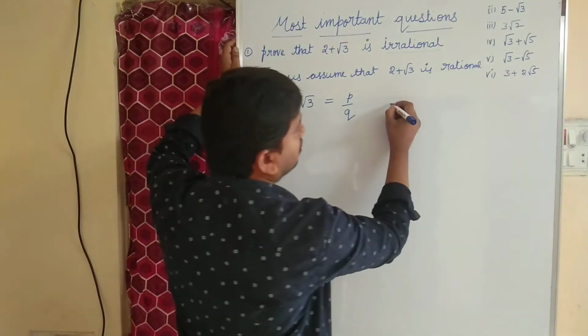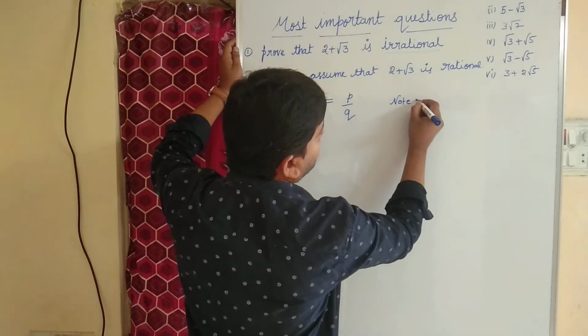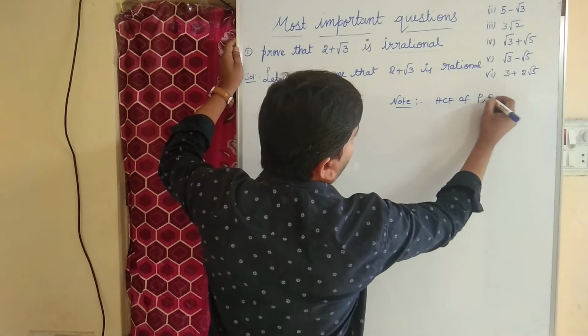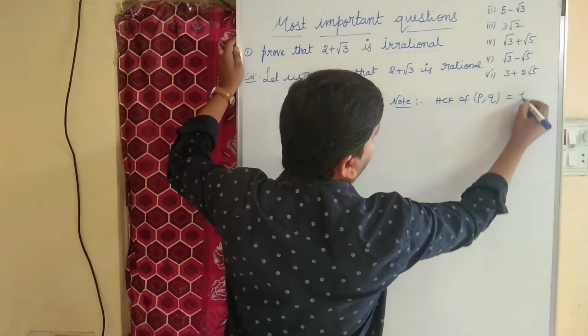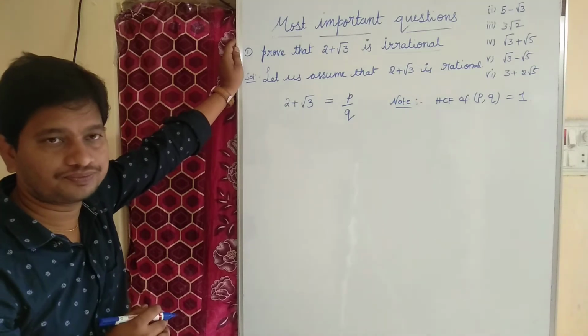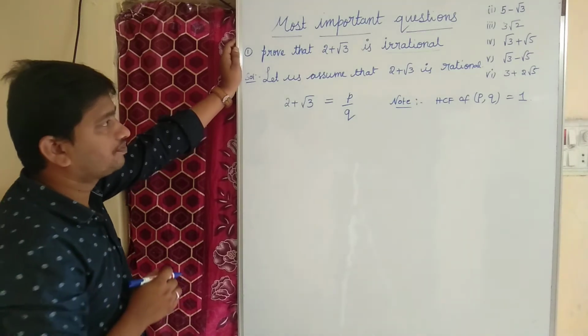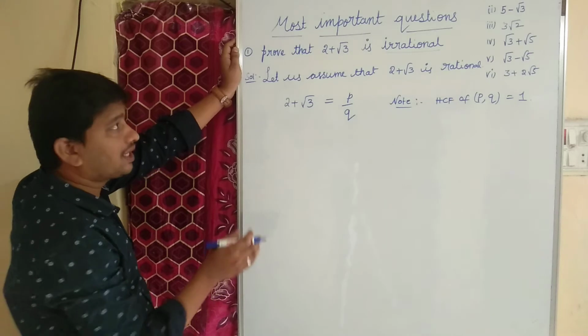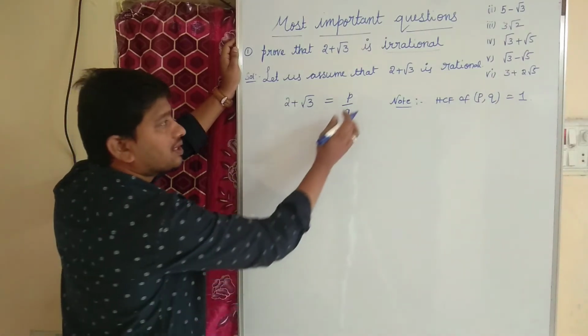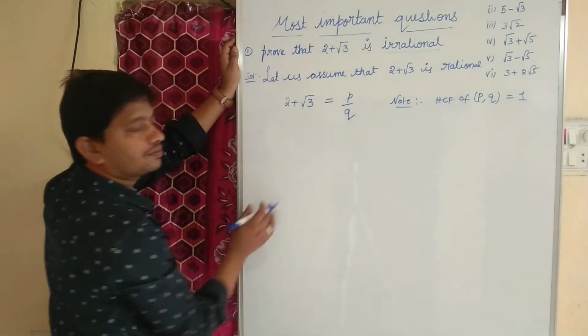Note: HCF of p comma q must be 1. Then only it is a rational number. So let us assume that 2 plus root 3 is in the form of p by q.